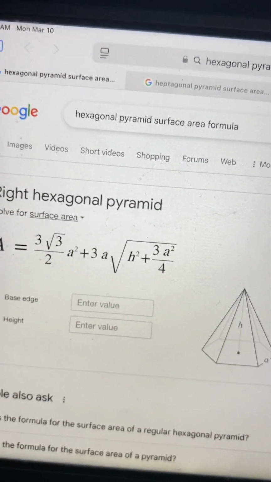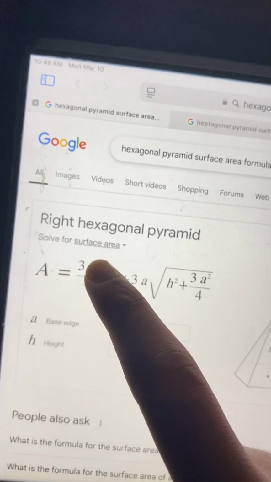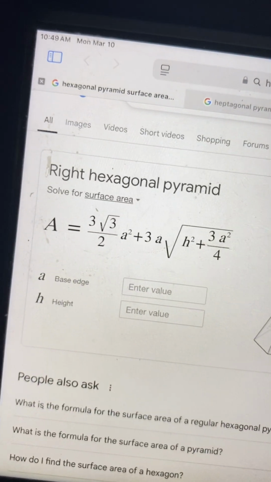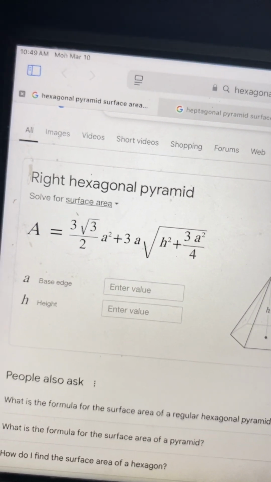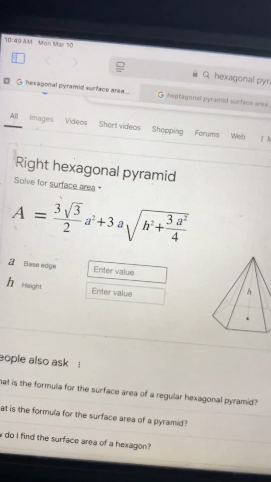Trigonometry pretty much has to do with shapes, but could also be with algebra and simplifying radicals. See, like right here, this is a radical, but we're not going to learn about radicals. So don't worry. I'm just saying that the surface area of any pyramid is B plus 1/2 times PL, but the actual surface area formula might get more complicated than that.